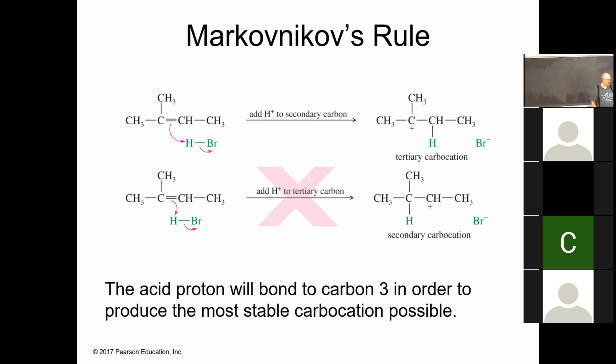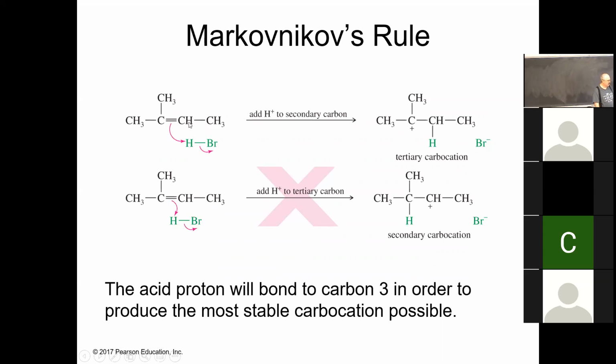Okay, here we have an unsymmetric alkene. And so we can predict that the rich get richer when it comes to hydrogens. Carbon 2 has no hydrogens, carbon 3 has 1.